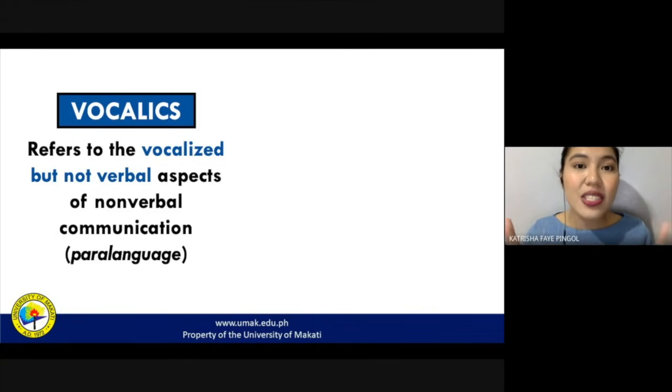Vocalics is defined as the vocalized but not verbal aspects of non-verbal communication. This simply refers to how we manipulate and utilize the different aspects of voice usage whenever we talk without even having to say a single word.